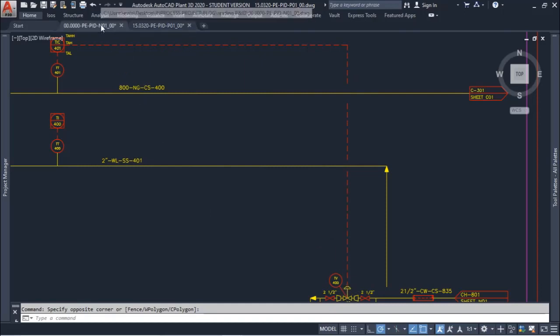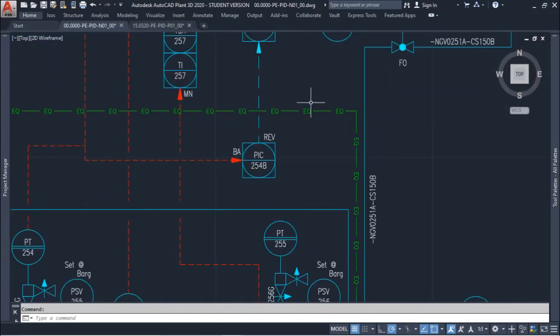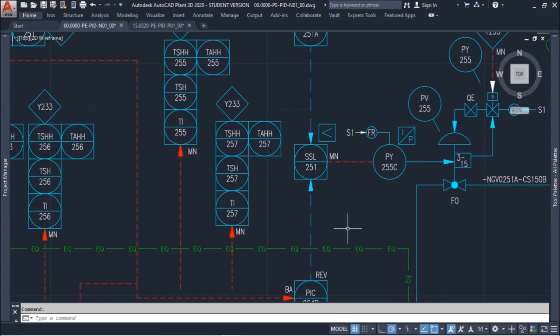But in the other P&ID, we have a similar control for pressure, but it has much more information for us, because in this case we have a P&ID based on the ISA, and in the ISA you will show boxes for switch temperature and alarm also.